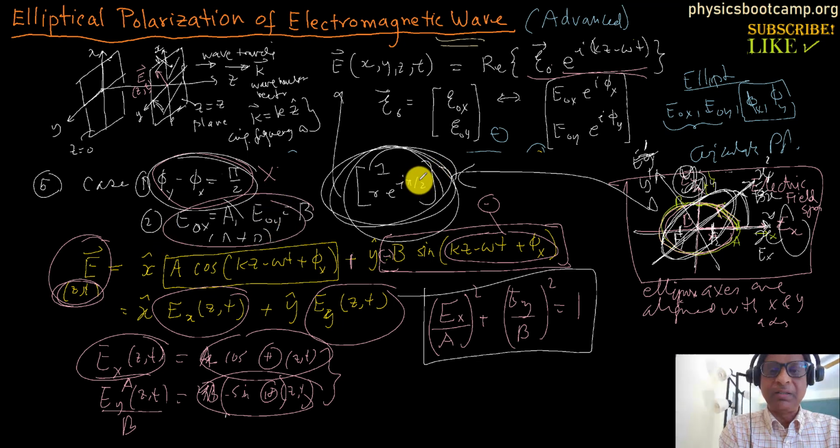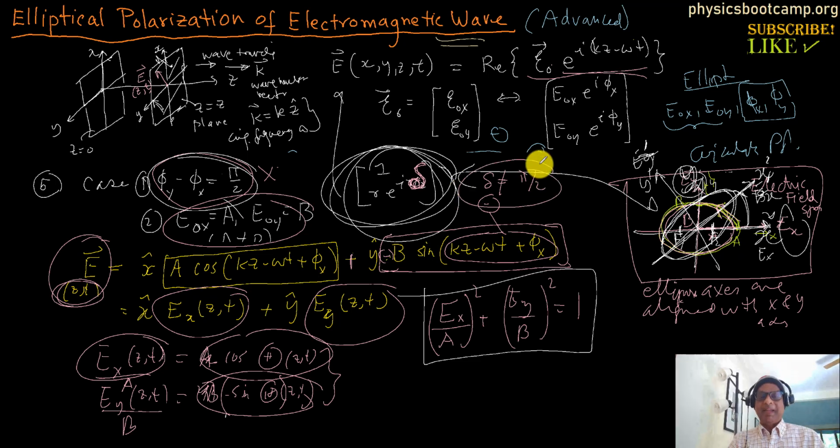So this will be some delta, and delta is not pi over 2. Okay, and this angle, say, is alpha, and this alpha will depend on how much difference is in the phase between the wave that's going parallel to the x-axis and the wave that's parallel to the y-axis. Let's see that in a real calculation.